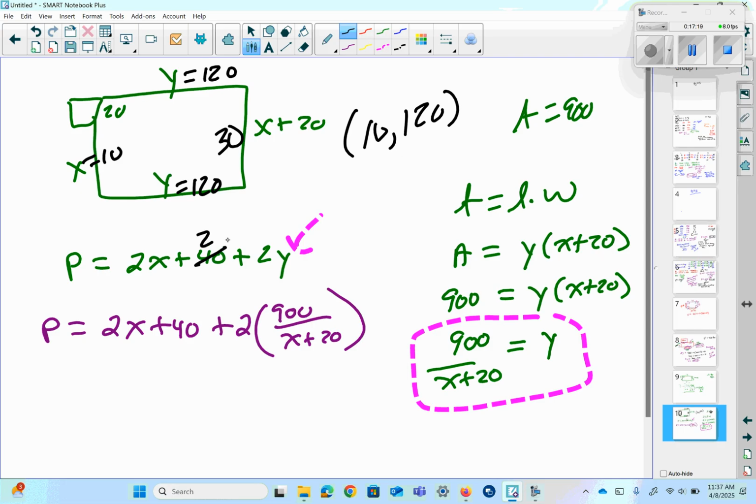Okay, so we'll say that'd be 20 for right now for the perimeter. So that would give me x plus x is 2x plus 20 plus the 2y's, which would mean that would have to be a 20 here. I think we're right with going y and x plus 20 to find the area.